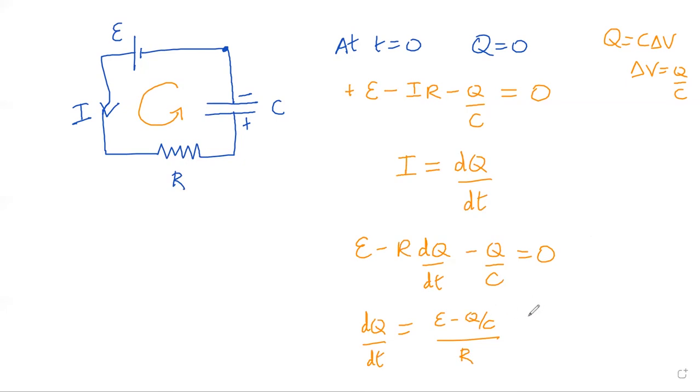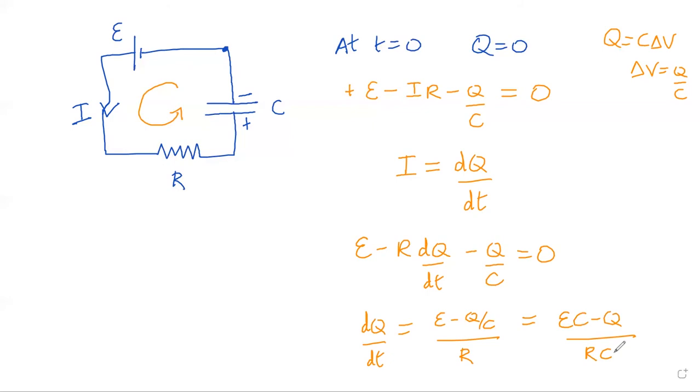And we can simplify that a little bit, getting EC minus Q divided by RC. Notice that this equation relates Q, which is a function of time, with the derivative of Q, dQ over dt. This is an example of what we call a differential equation. So this is a differential equation for Q. Now that we know how to do integrals, we can actually solve it.